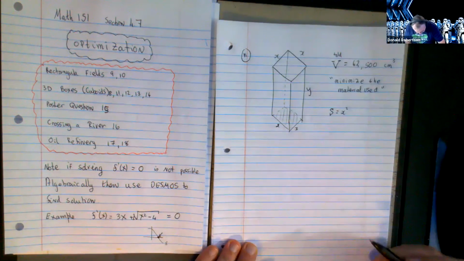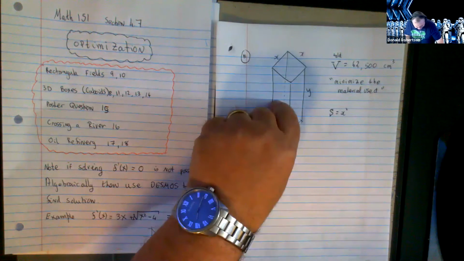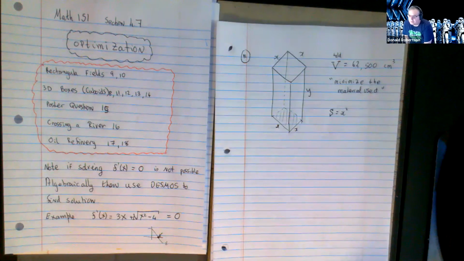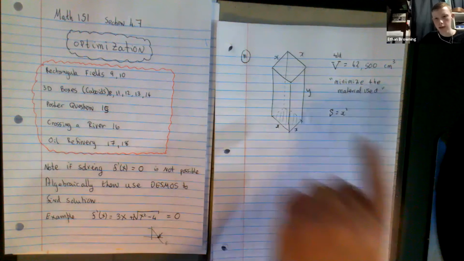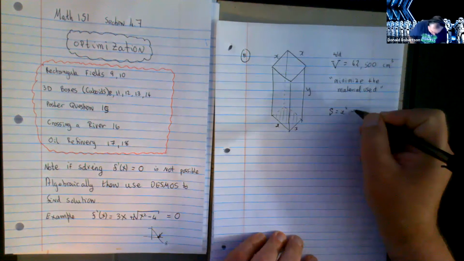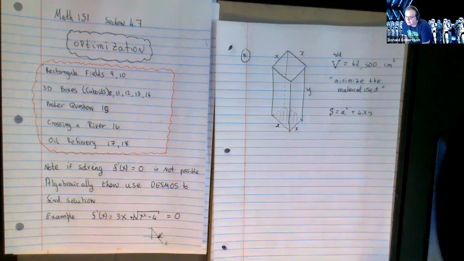And it has 4 vertical panels as well. What's the area of any one of them, like this one here? XY. Now, since there are 4 of them and they're all the same, is it okay to write plus 4xy? Can you see where that comes from?